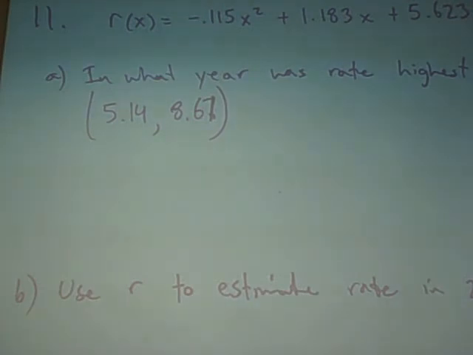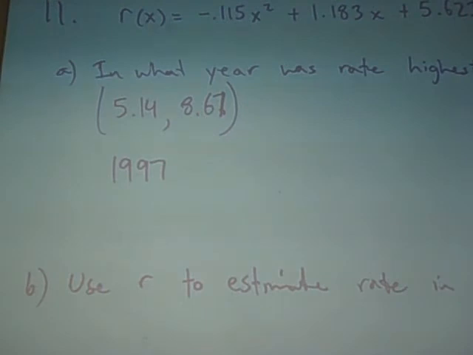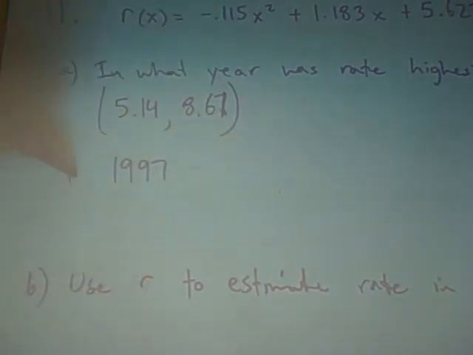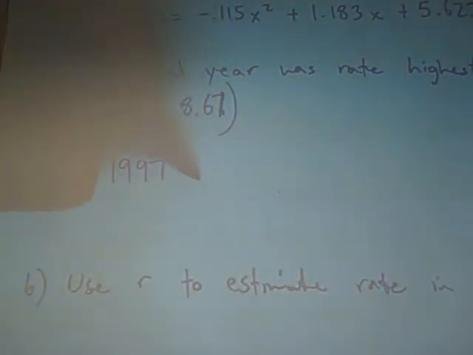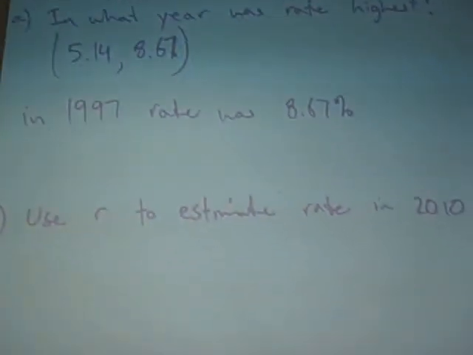So that's just sometime in 1997, if I did my arithmetic correctly. And the 8.67 is the actual rate. So in 1997, the rate was 8.67%.